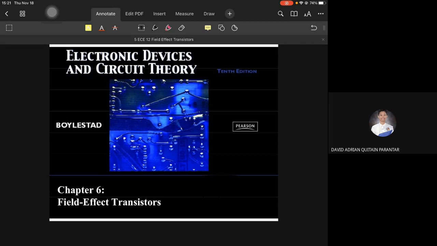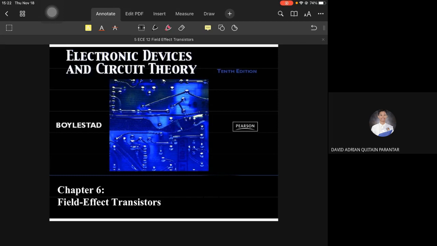We focused mainly on the BJT as an amplifier: its characteristics, its operations, how to bias it in its DC mode, and how to analyze it in its AC mode, considering that it will be connected with a load and a source. So we discussed that in length in the previous meetings.